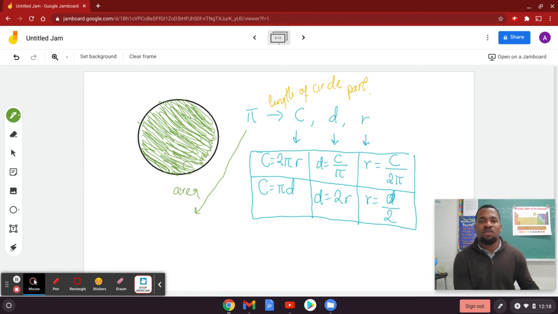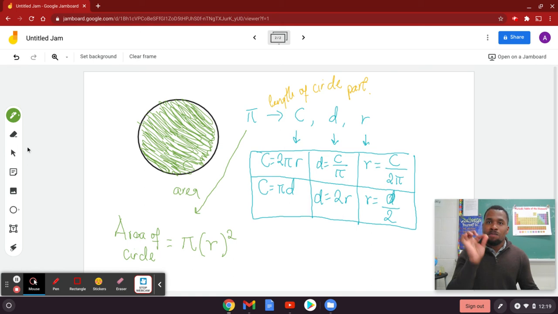And remember that to determine the area of this shape, in this case a circle, we know that A, which is represented as area of a circle, we need our specific pi, which we know is 3.14 times the square of our radius. And so what do I mean by square? It means that I'm multiplying my radius by itself once, which means radius times radius, and then your answer, you multiply it by pi.